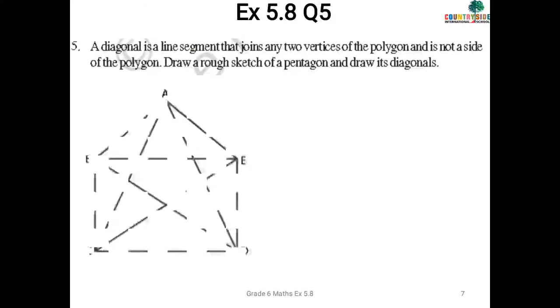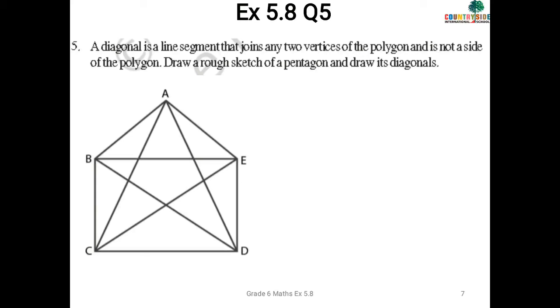Okay, so here is the figure. See, this is the pentagon, and let me explain you this figure. A pentagon has how many sides? 5 sides. Okay, so see, 1, 2, 3, 4 and 5. Okay, so this is your pentagon, and you have to draw the diagonal. Diagonal means what?